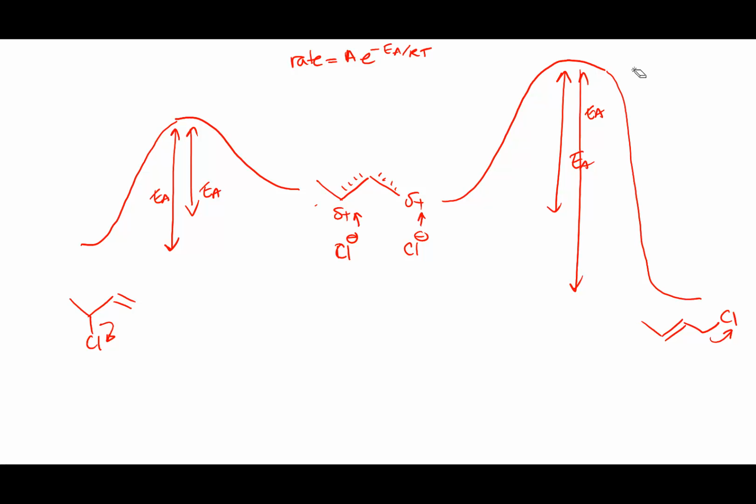Let's do kinetic conditions first. Under kinetic conditions, I've got a short reaction time and a low temperature. My reaction starts out here. It goes over the small barrier if I give it just enough energy to do that. It goes over the small barrier more than the large barrier. The molecules end up over here. I didn't give them enough energy to reverse, so most of the product is here.